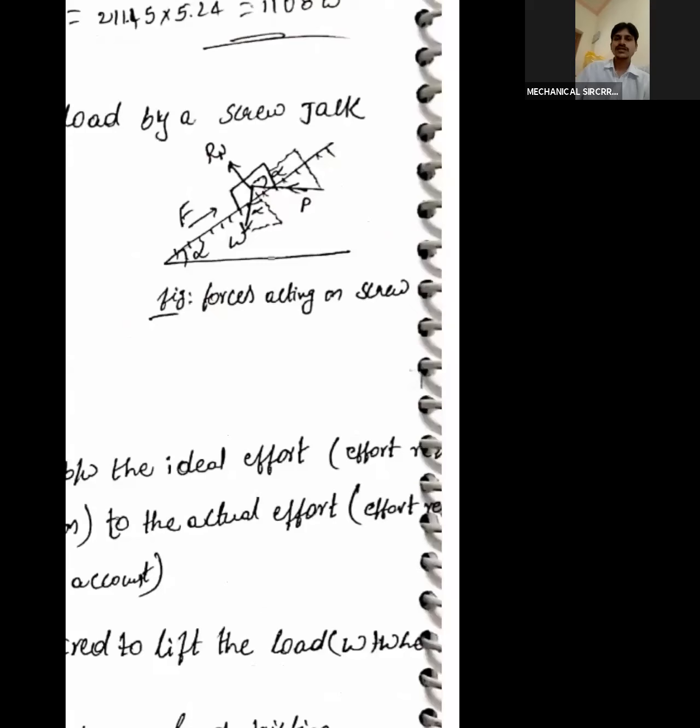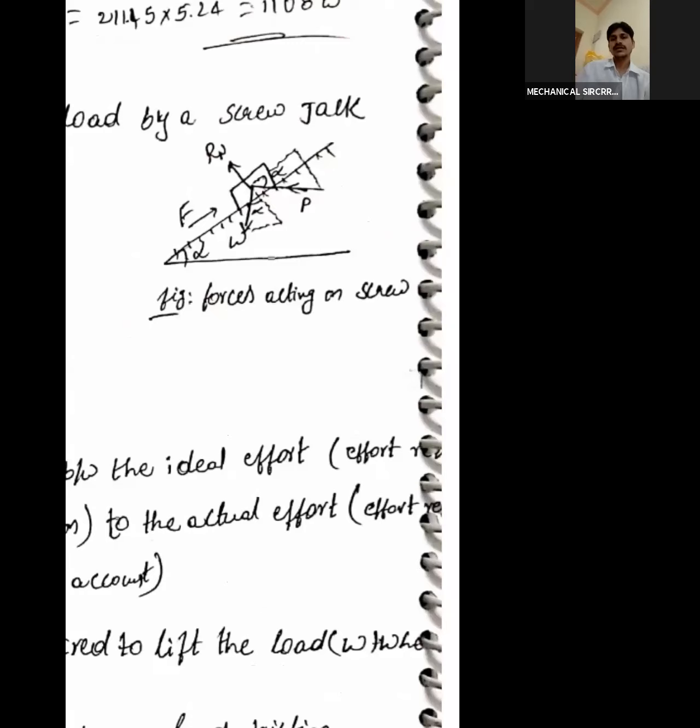Friction is going towards upside, and the pulling force P is going towards the right. The self weight is there, and our reaction force is also there. Those are the forces.